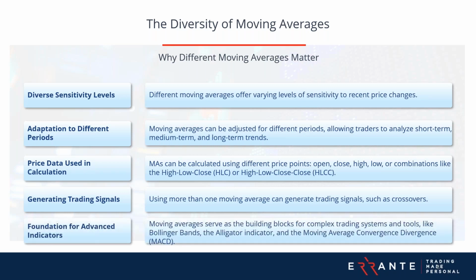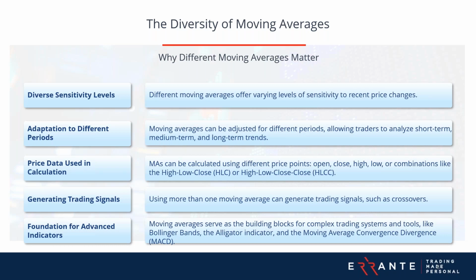And finally, last but not least, moving averages are foundational elements of many advanced trading indicators and systems. Tools like Bollinger Bands use moving averages to measure market volatility, while indicators like the Alligator and MACD rely on them to identify trend strength and direction changes.